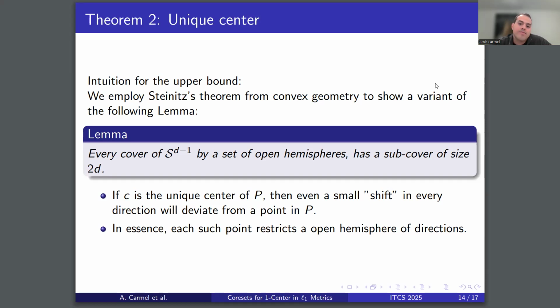And using this lemma, we managed to show that if we take an instance P that has a unique center, then it means that you can't shift C in any one of the directions.